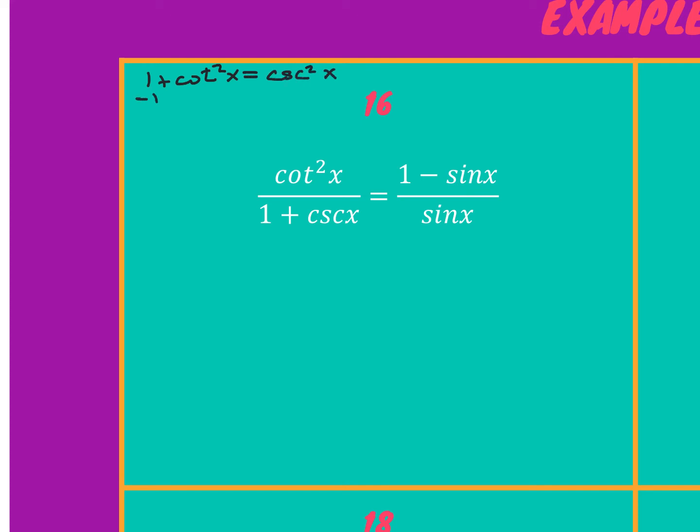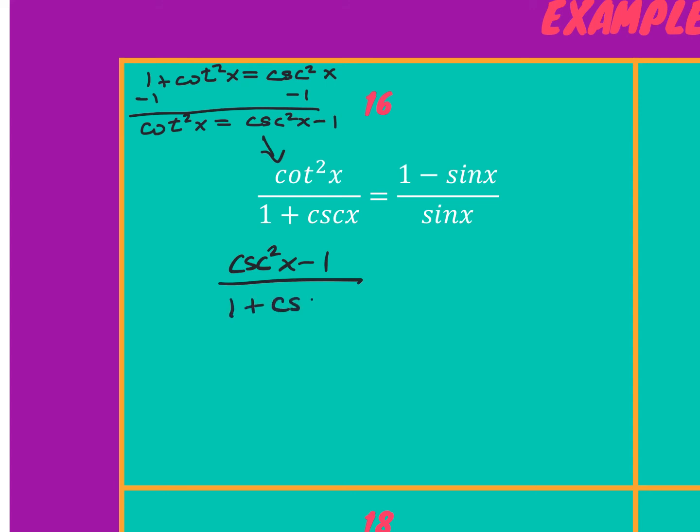I'm going to move the 1. So cotangent squared x equals cosecant squared x minus 1. That's what I'm going to substitute. So the new numerator becomes cosecant squared x minus 1 over 1 plus cosecant x.